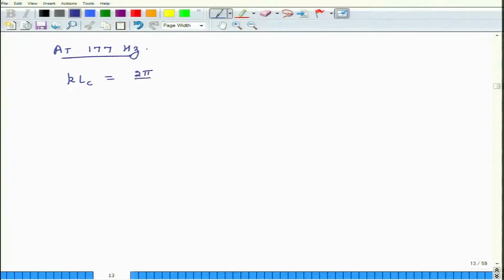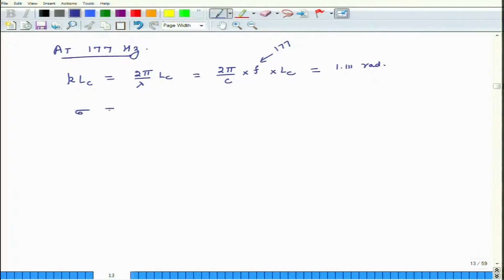What is wave number? 2 pi divided by lambda, times LC, and the wavelength is C divided by frequency, and in this case frequency is 177 hertz. So, we plug in this, we already know the value of LC. If we do all this calculation, what we get is 1.111 radians for KLC.